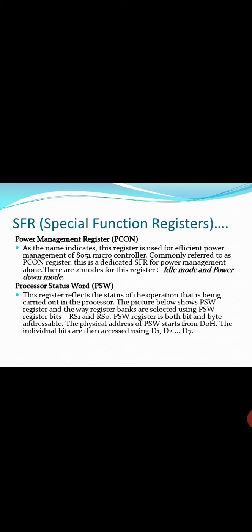PSW, program status word or processor status word. This register reflects the status of the operation that is being carried out in the processor.